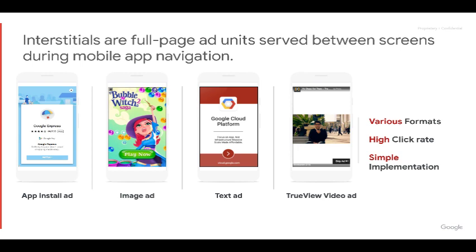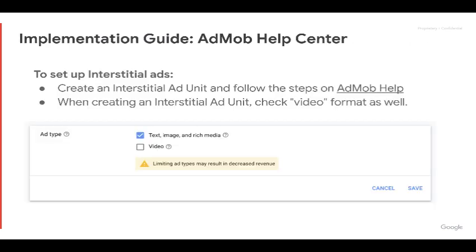Having said this, it makes it very attractive to advertisers as it's a good format to serve different types of marketing objectives. Because it's also a full page ad unit, most of the time it has very high click-through rates. And finally, the third benefit for publishers like yourselves is that it's very simple to implement interstitial ads.